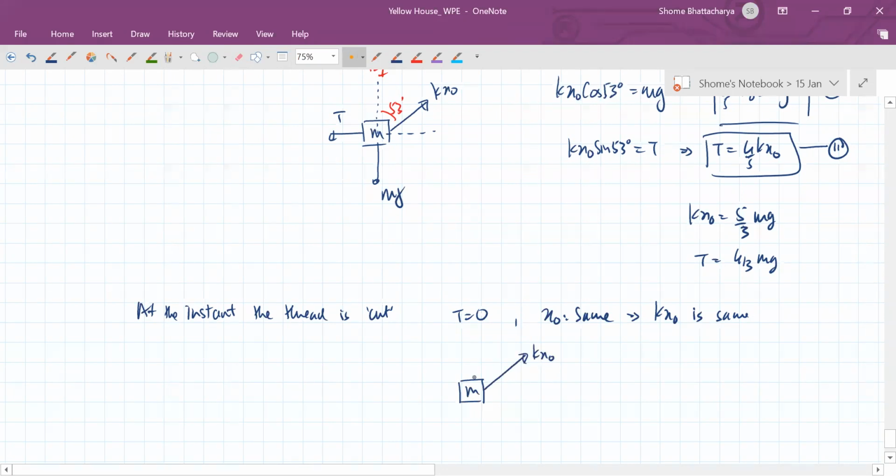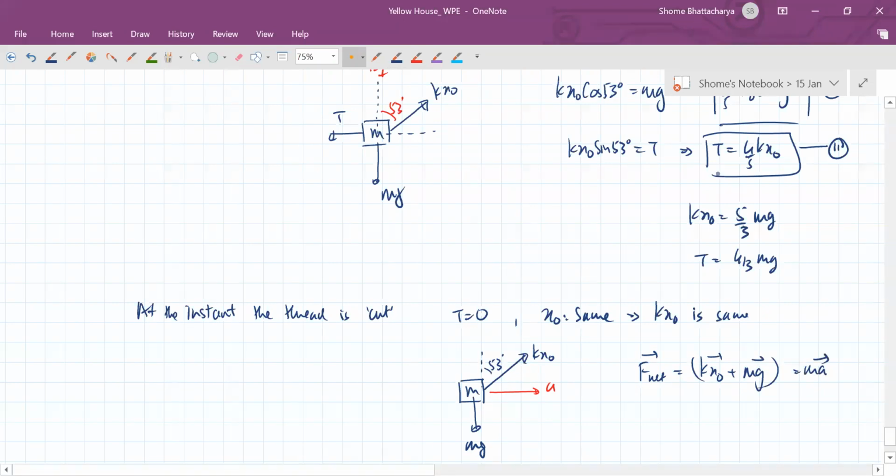There will be kx naught acting at that same angle of 53 degrees, and there will be mg acting. So this block will have an acceleration in some kind of direction like this, which is the vector sum of these two. So the net force will become the vector sum of kx naught plus mg.